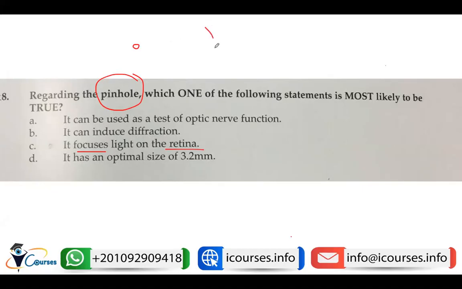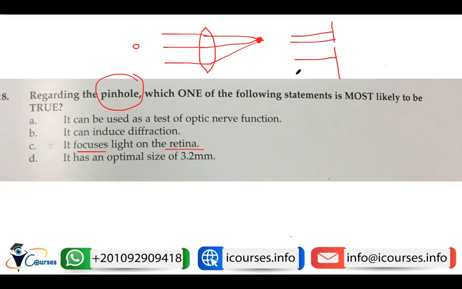When we have a plus lens like this, the parallel incident light rays will come to a focus, which can be, for example, on the fovea. But in the case of a pinhole, there will be a barrier with a small opening. This small opening or barrier will block the peripheral rays, allowing only the central light rays to fall on the retina.